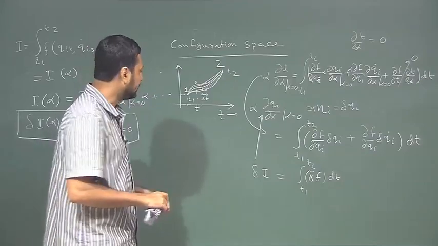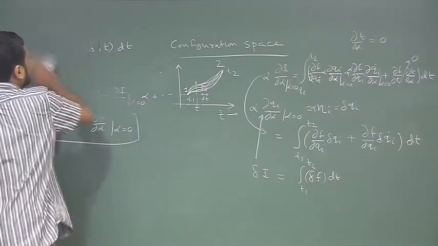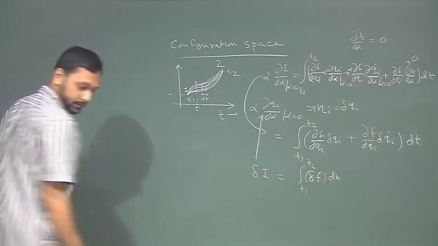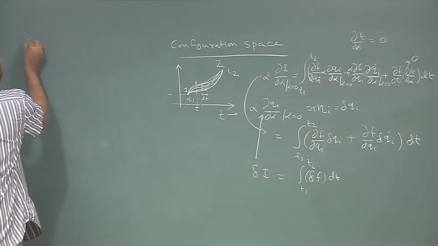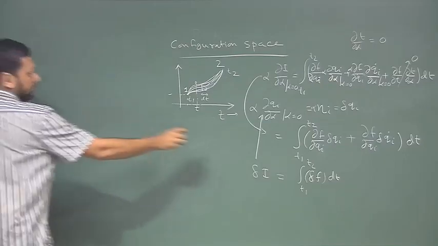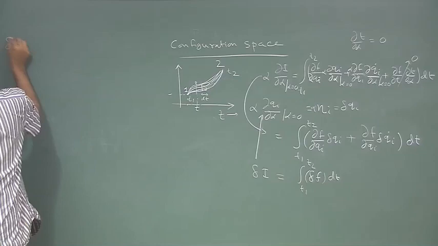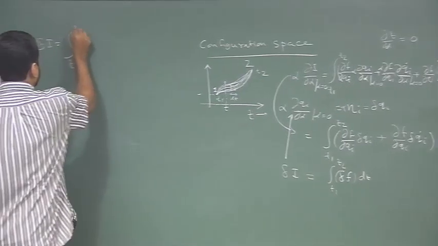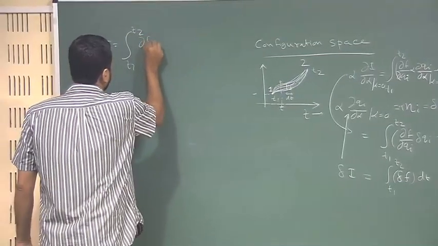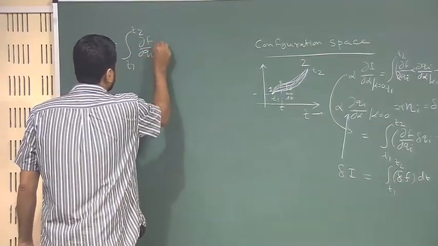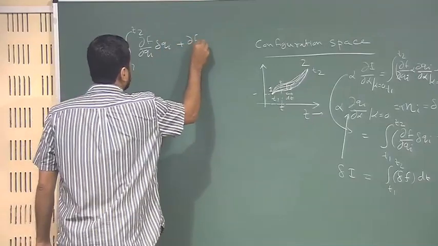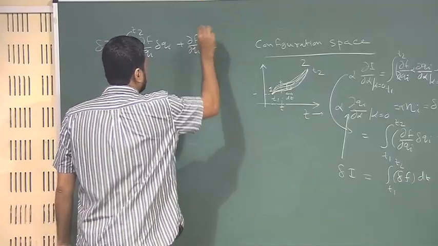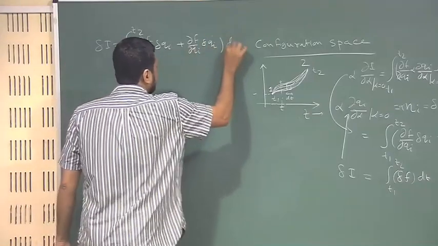What we can do is continue from this particular form, that delta I is equal to the integral from t1 to t2 of del f del q_i delta q_i plus del f del q_i dot delta q_i dot times dt.